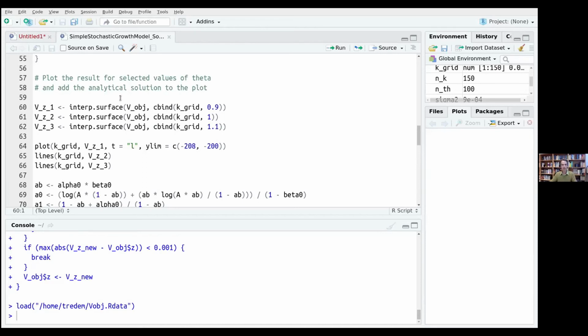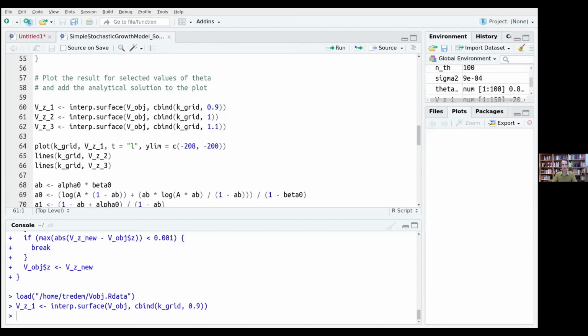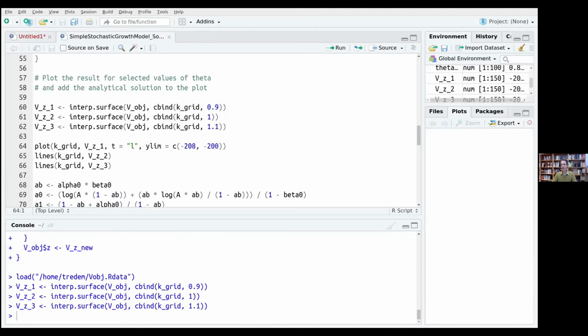So if we interpolate the value function for all the grid points of the technology level, then we get a cut through the value function for a technology level of 0.9 and different capital stocks. So we do that here. And we do that for two other technology levels, say the average one of 1 and a high technology level. We plot that.